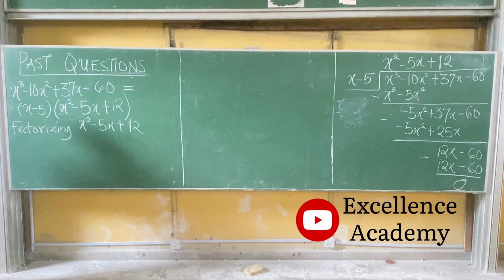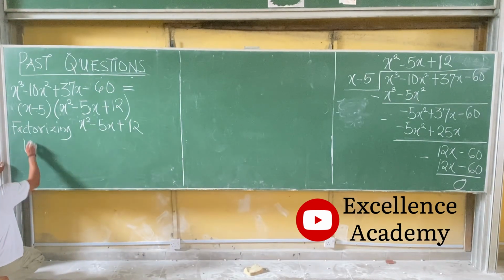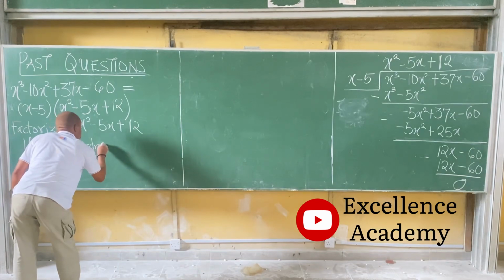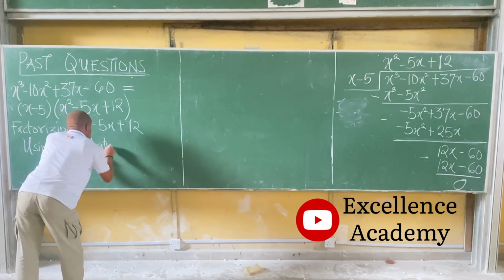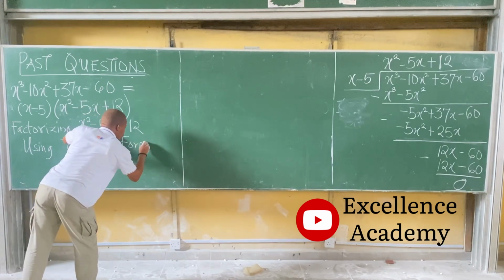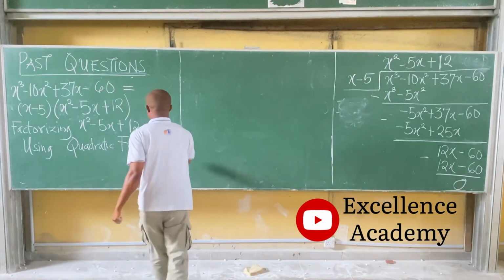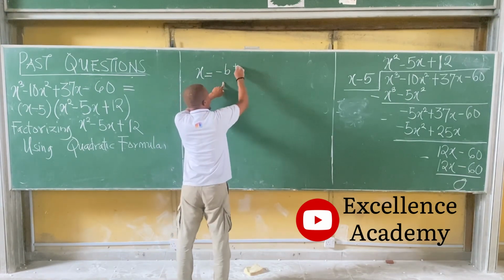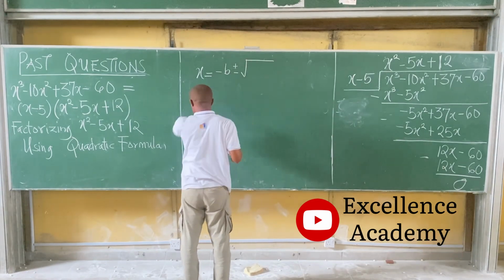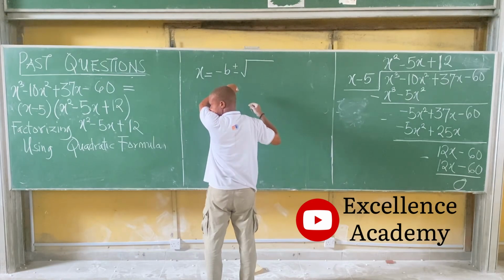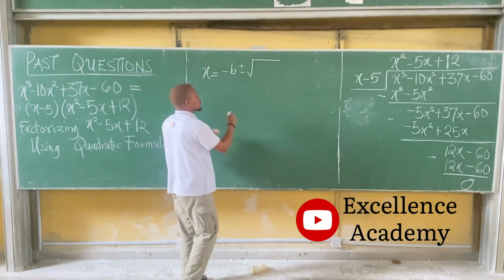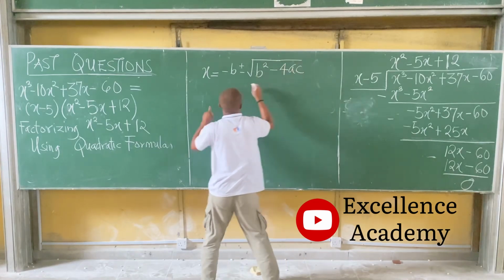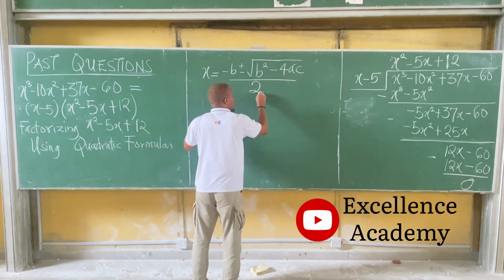So what do we have? Let's use our quadratic formula to make it shorter. Using the quadratic formula, x is equal to minus b plus minus the square root of b squared minus 4ac, over 2a.